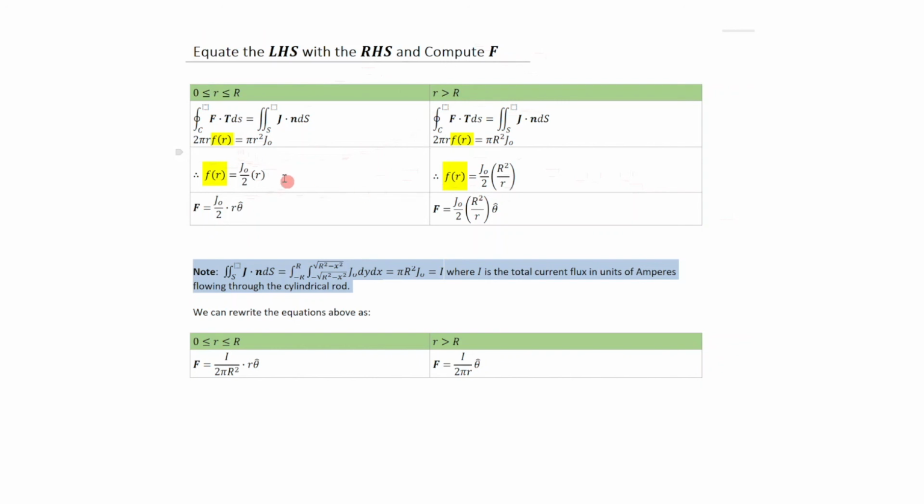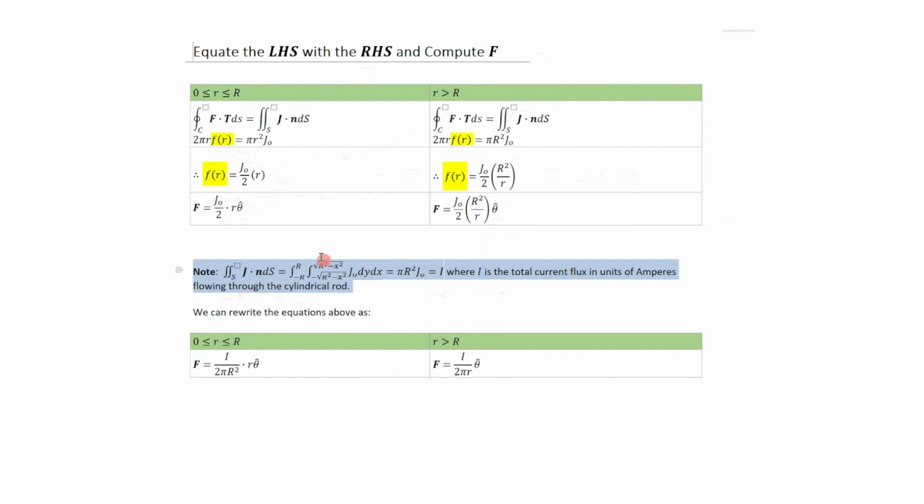We know that the field is in the theta hat direction, and so this is the magnitude of the field, and F would have this value for r less than capital R, and would have this value for r greater than capital R. Now you can also make things a little simpler. We know that if we integrate the current flux density over the full surface area, which is more or less the calculation you see here, this is the same as saying the total current, I, that's flowing through the cylindrical rod.